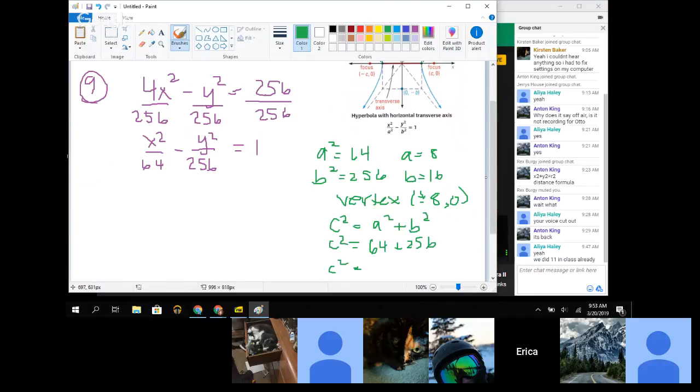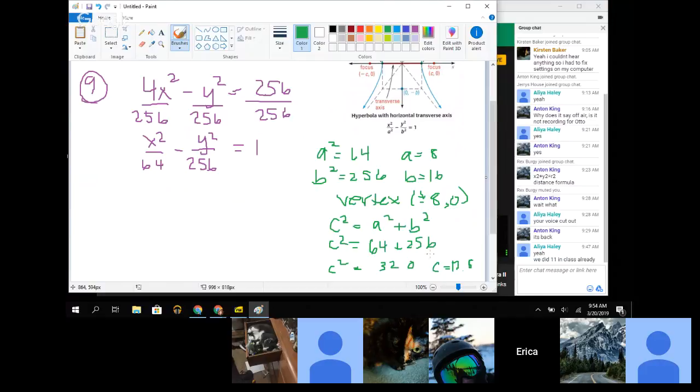C squared equals 320, or c equals, running out of time here, about 17.8. That does not seem right. What did I do wrong here? 64 plus 256. Yeah, 17.8 or so.